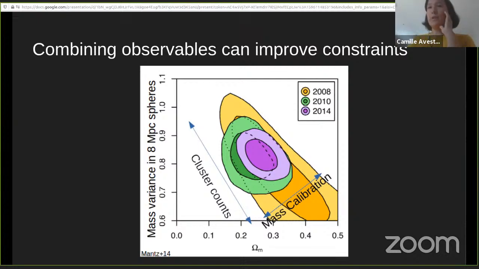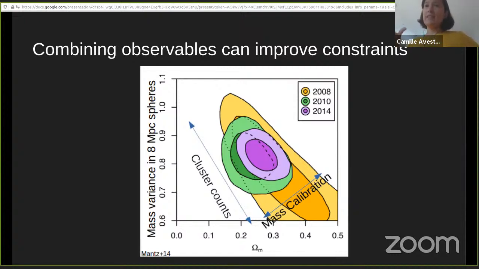And iterative work followed, through Adam Mantz's work leading the Weighing the Giants analysis. Essentially from 2008 to 2010, there's an improvement where you see a shrink in that diagonal direction, largely due to cluster counts, improving your statistical efforts. But what happened between 2010 and 2014 is mass calibration due to gravitational weak lensing, adding another observable on top of the X-ray.